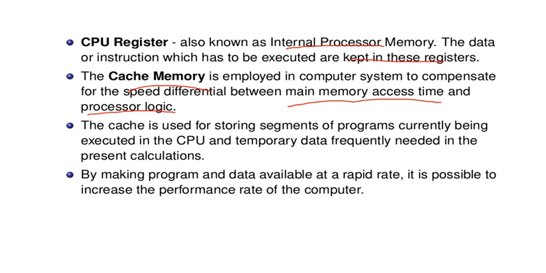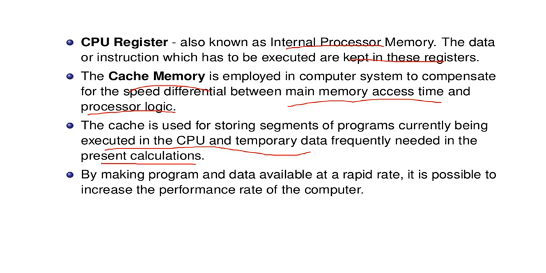Then cache is used for storing segments of the program currently being executed, as we have talked about earlier in our lecture, that only the segments of the program that are to be executed by the CPU at the current time are stored in the cache memory, and temporary data frequently needed in the present calculation.